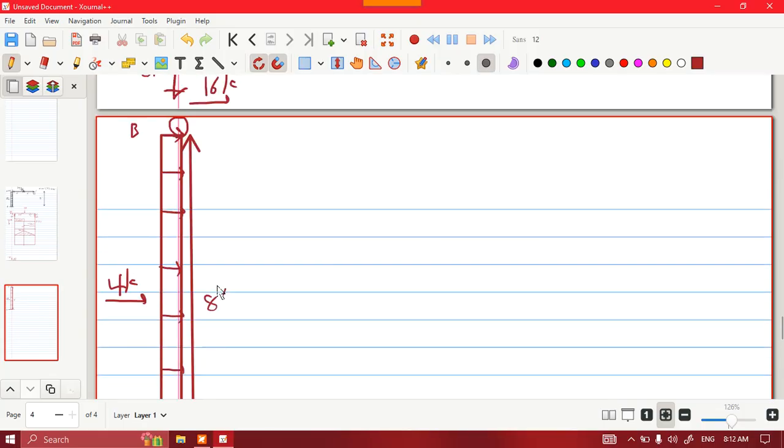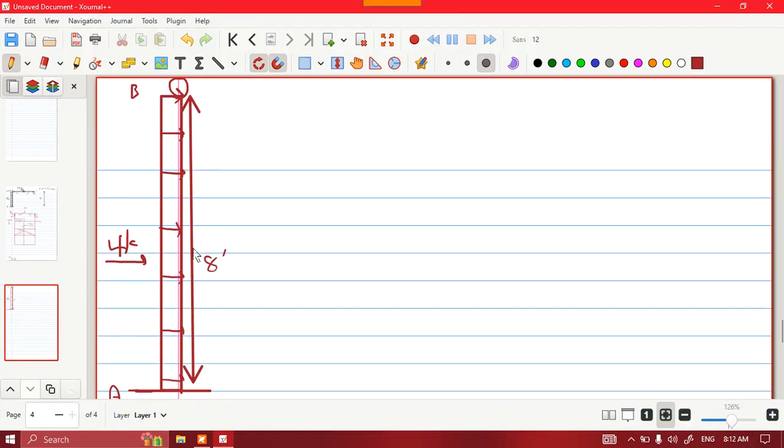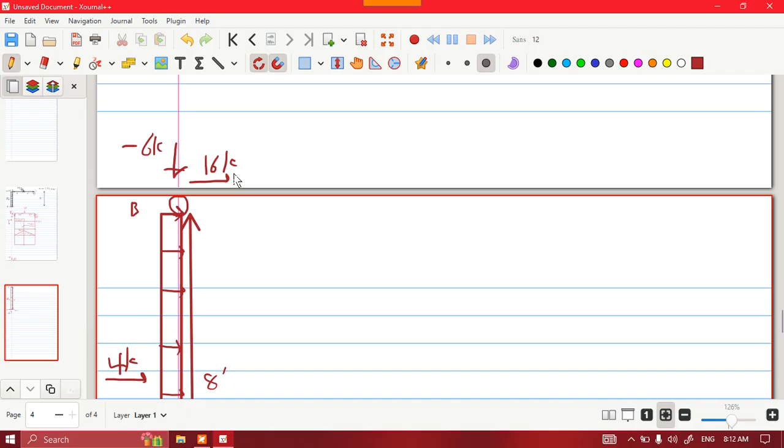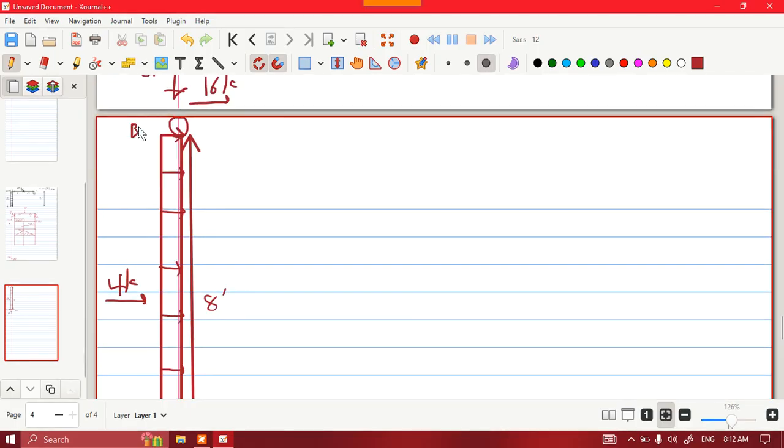So we can easily find the reactions at support A. From eye inspection, I know that this is going to be 6 kips, and this is going to be how much? Plus 16 plus 4, like 16 in this direction and 4 in this direction.